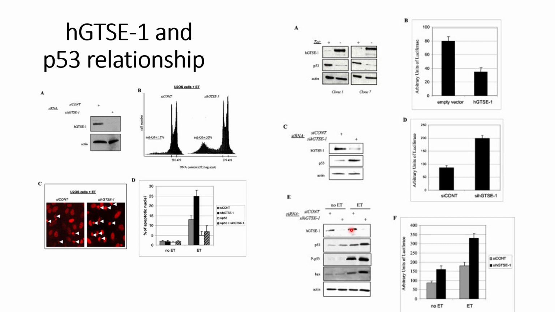In the case of ET, when they use the control vector, we can see the presence of hGTSE, and p53 levels are also reduced, or we can say consider this as a reference or control. So these are the p53 levels that are expressed in the case of this empty vector or control vector, and they can see the phosphorylated p53.